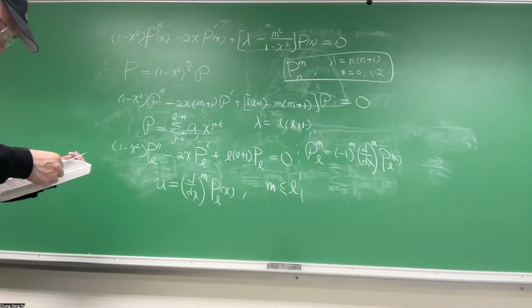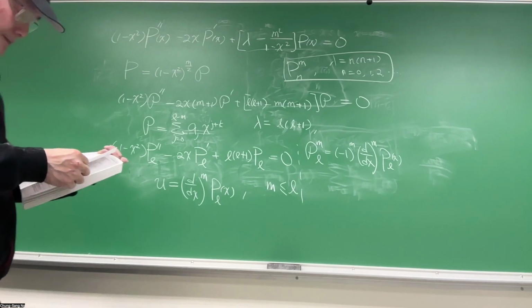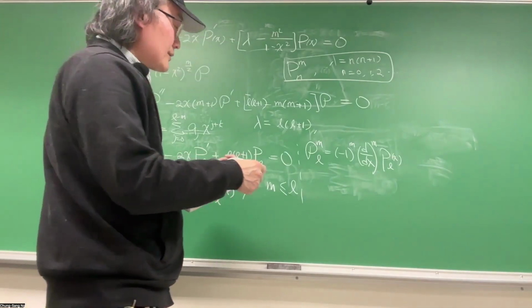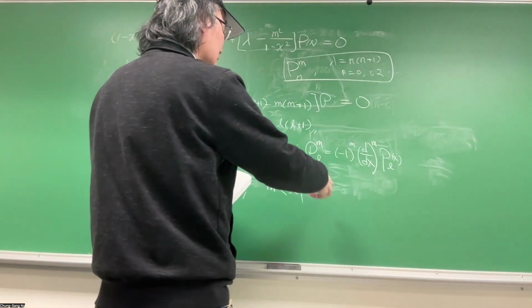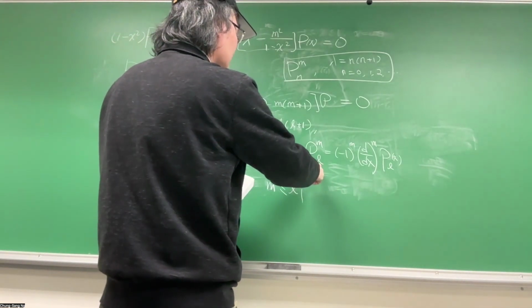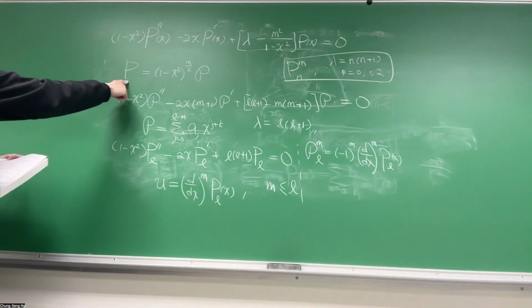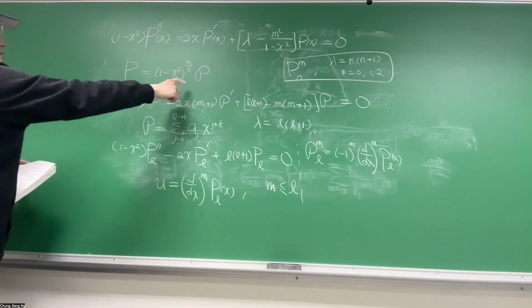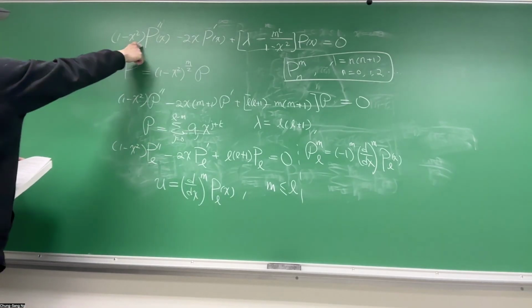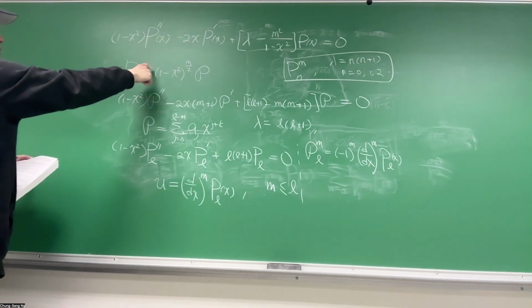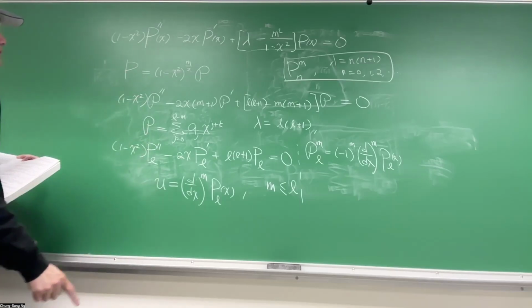Okay, and now with this, then we can go back to this object, because we introduced the script p by this p that satisfies the original associated Legendre equation, right?